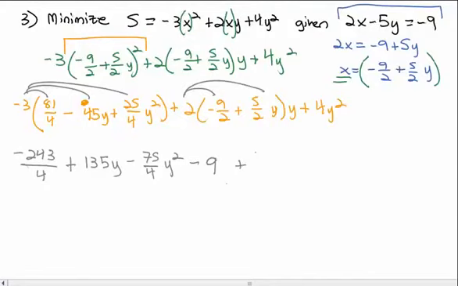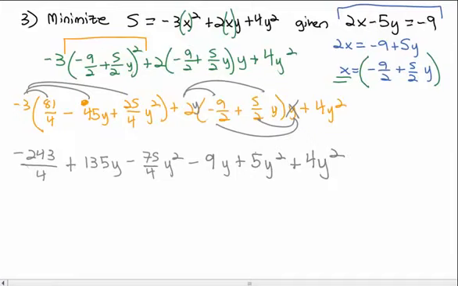Actually, I'm going to back up here. We have to distribute the 2, but we also have to distribute the y through. So I'm going to treat that as 2y coming through. That way we've got the whole distributing. So it's going to give us negative 18y over 2, which again reduces to 9. Negative 9y plus 5y squared plus 4y squared.